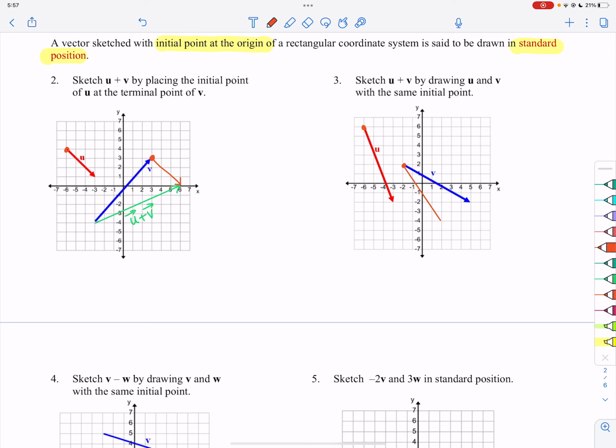And let's see, 1, 2, 3, 4, 5, 6, 7, 8. That's where I made a mistake. 1, 2, 3. Okay, so I think I can grab that. So I'm going to go down 8 units and then 3. There we go. You can see how that looks much better.